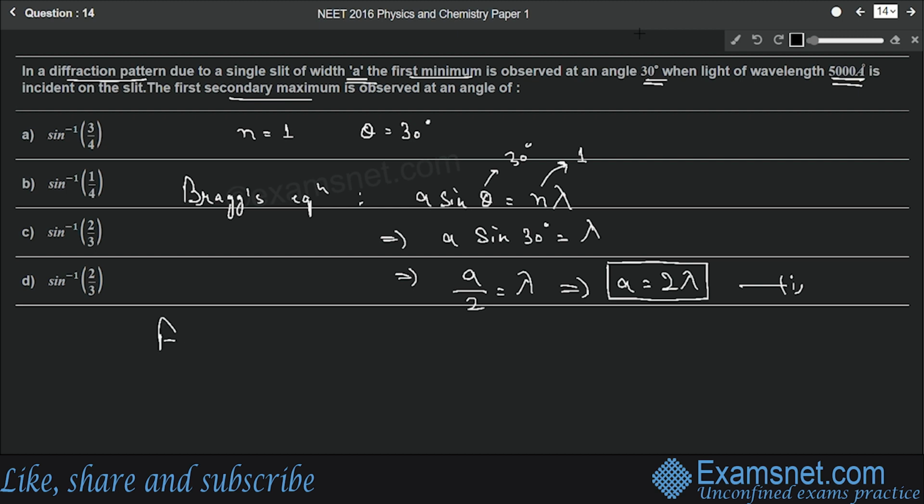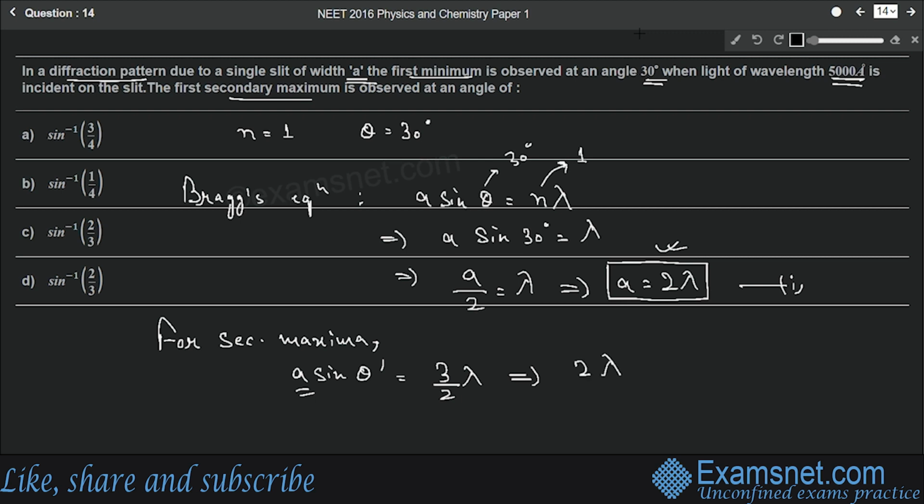Now for secondary maxima, we already know the value of A, that is equal to 2 lambda. Now for secondary maxima, using Bragg's equation, we can write that A sine theta dash, let's say that the angle in this case is theta dash, is equal to 3 by 2 lambda. Now the value of A is 2 lambda.